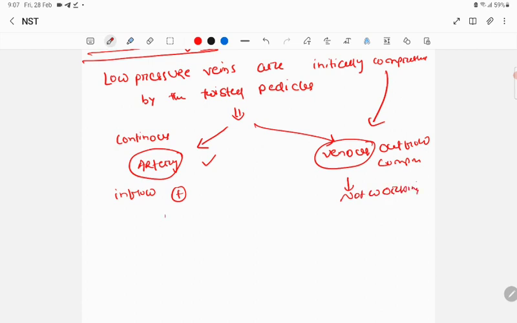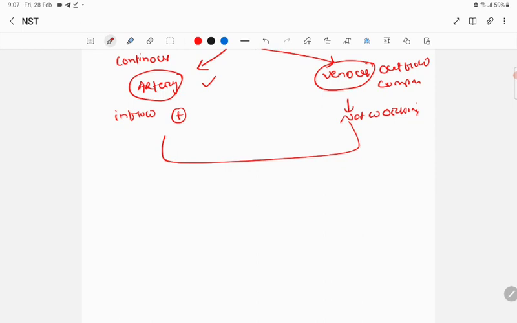So there will be continuous inflow, which causes stromal edema and congestion.